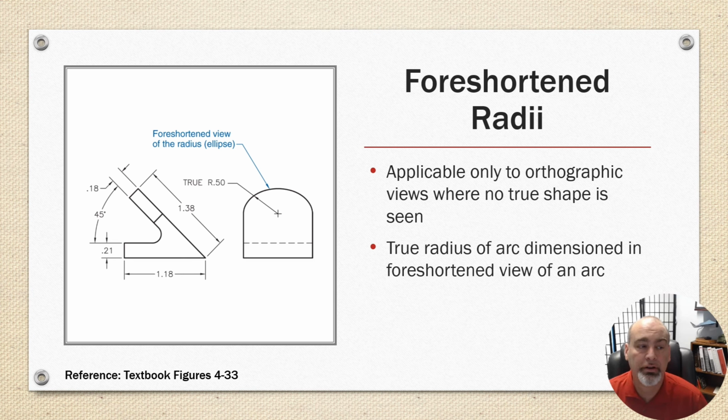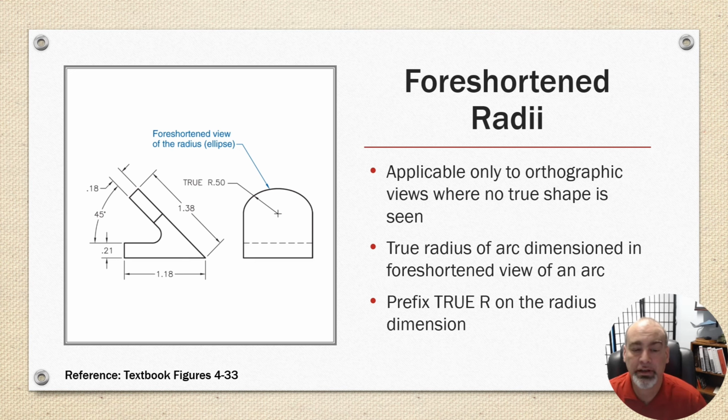You can dimension the true radius of the arc in a foreshortened view of an arc, but you have to precede the R with the word TRUE on the radius dimension, so that it's clear that the view is not reflective of the true angle, but that the dimension is of the true size.